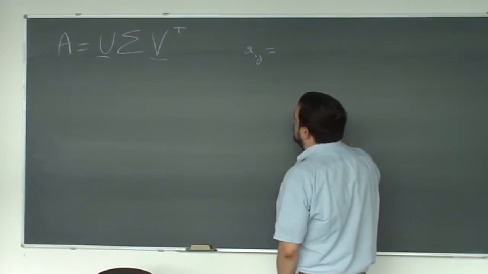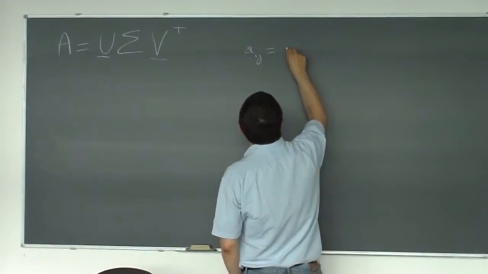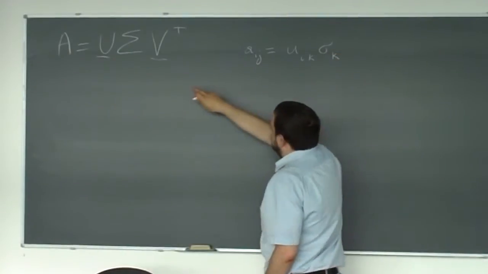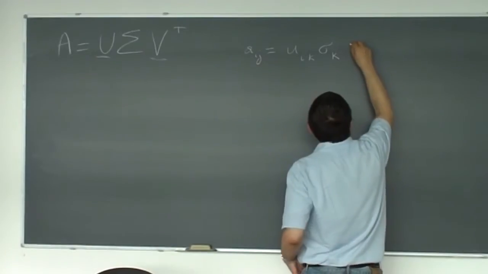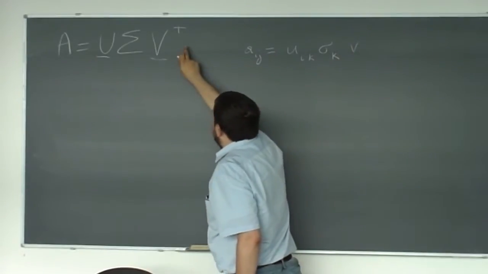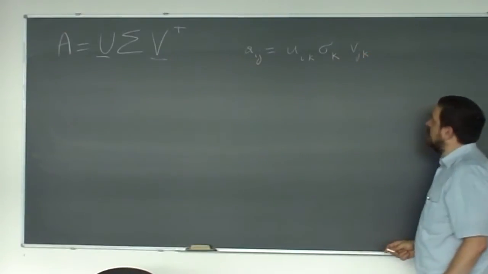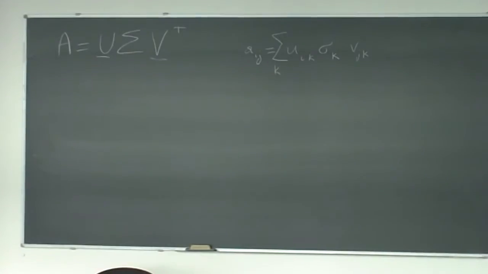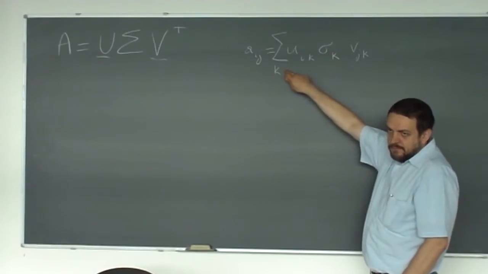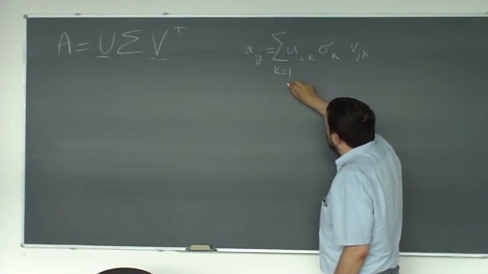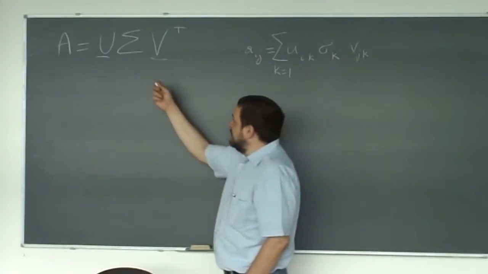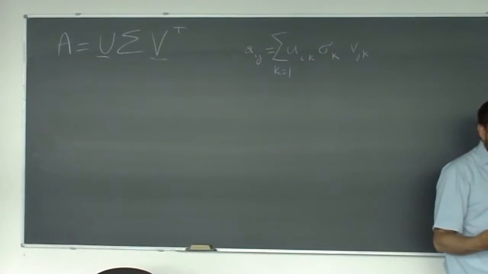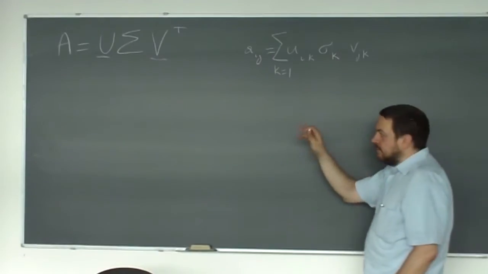So it is actually U ik, with the kth value of matrix sigma in the middle, and the element Jk of matrix V, everything summed up on coordinate K. K is an index that varies from 1 to, actually we have seen that inside this transformation, what matters is the rank of matrix A, the number of independent rows or columns, which we called R.